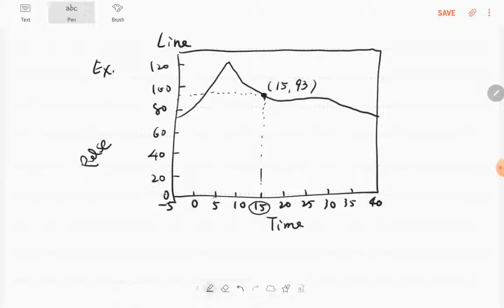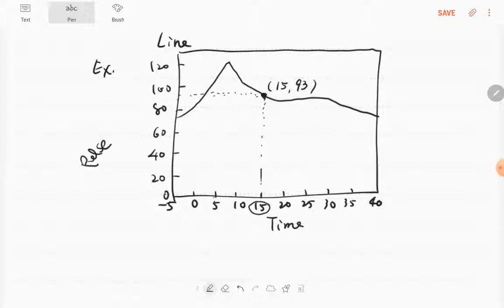So first, we check the horizontal line. We are interested in 15 minutes after. So we find 15. Then we try to find the corresponding point on the line. Then we try to find the vertical value for this point.